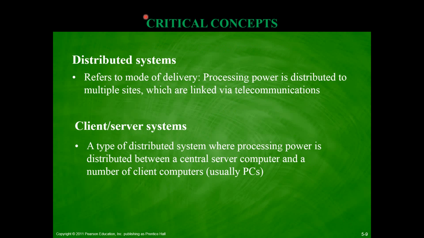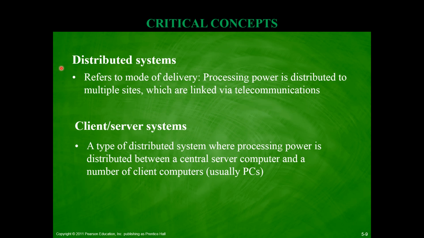Now, another computing concept that seems to be relevant for enterprise systems is distributed computing, or distributed systems, and client-server systems. A distributed system means that the overall processing capacity is distributed across several locations. For example, there can be thousands of computers within an enterprise, and each of those computers is involved in processing organizational data as an equal node.